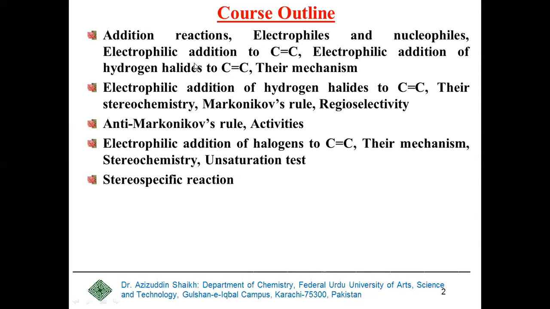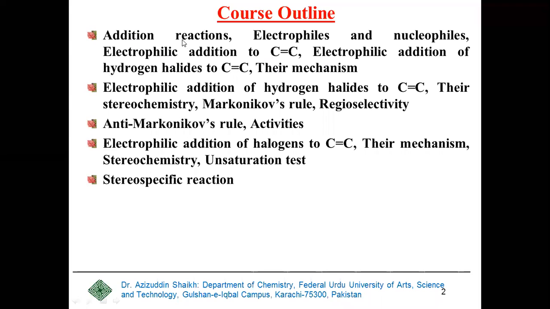This is the course outline. Unit 1 or lecture 1: addition reactions, electrophiles and nucleophiles, electrophilic addition to carbon double bond carbon, electrophilic addition of hydrogen halides to carbon double bond carbon, and their mechanism.